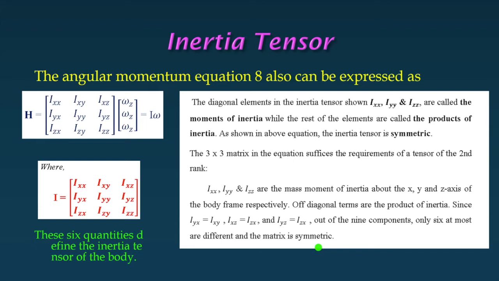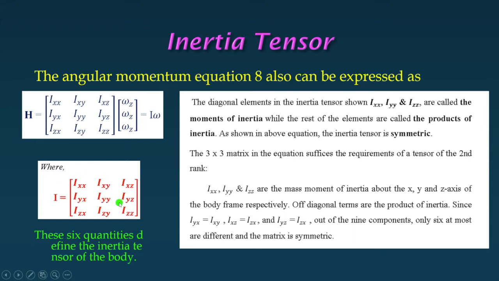They are only termed as scalars and vectors. But a tensor with order 2 or more is called a tensor. So this inertia matrix is a second order tensor.